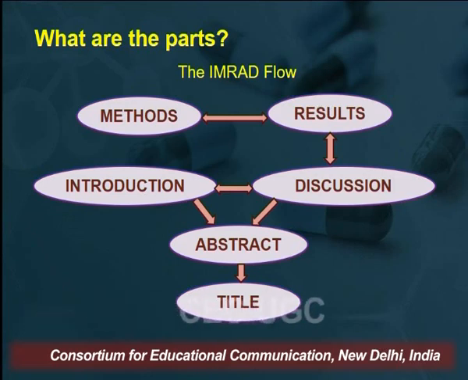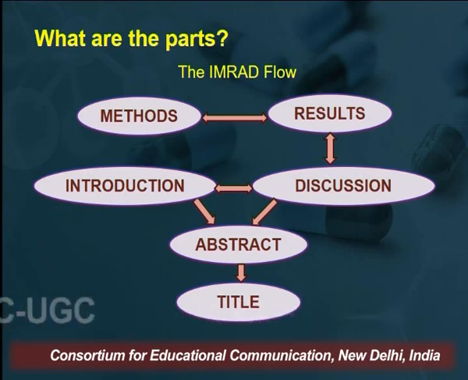This will help you write the sections better, because in the method section you are very clear in your mind what you have done, you just have to put that on pen and paper. Then the results are what you have obtained, you already have the results table, generally an Excel sheet, so you just have to put that in a manuscript format. Then you have the results, you know how to interpret them, so you go for a discussion section.